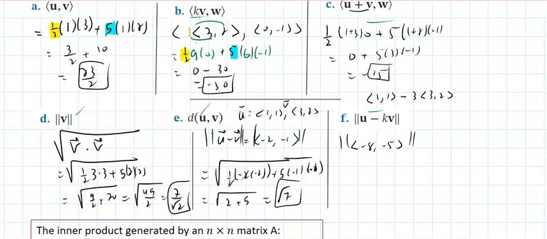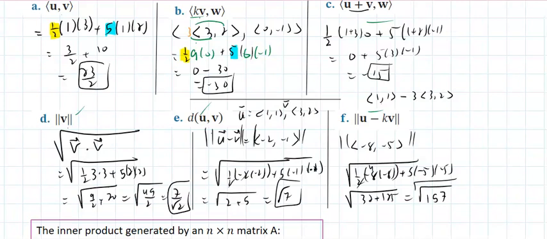The magnitude of that will simply be the square root of negative 8 squared multiplied by a half, and negative 5 squared multiplied by a 5, and you add those. And that's going to be the square root of 32 plus 125. What is that?